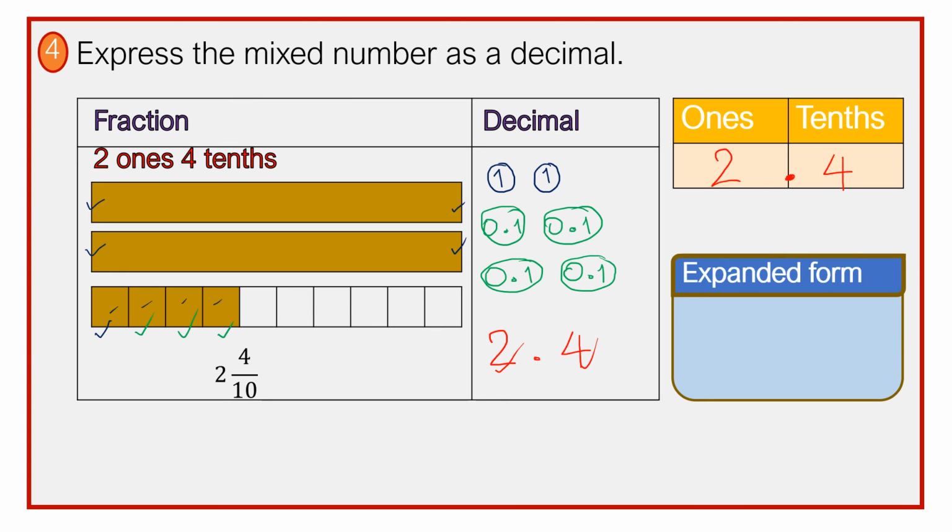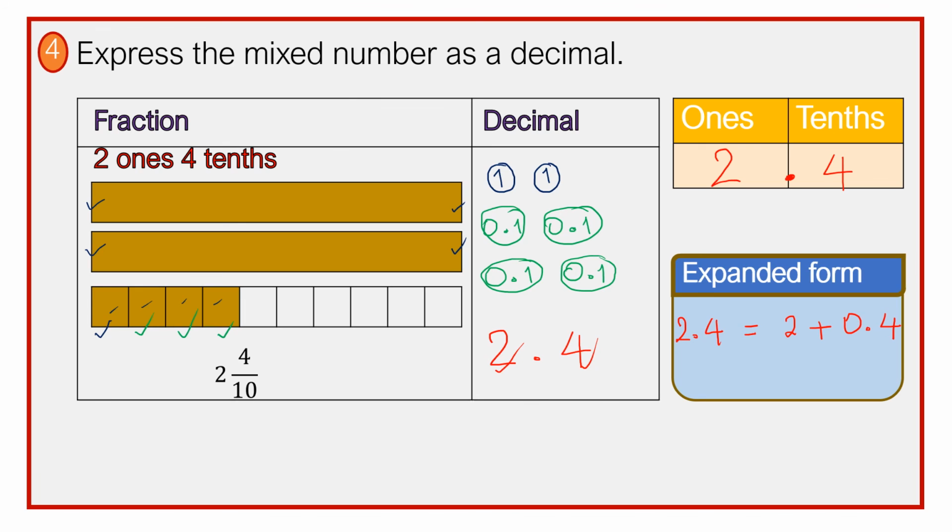Now we can write 2.4 in expanded form as 2.4 equals 2 plus 0.4. So that becomes the expanded form.